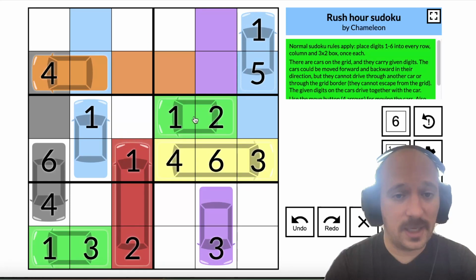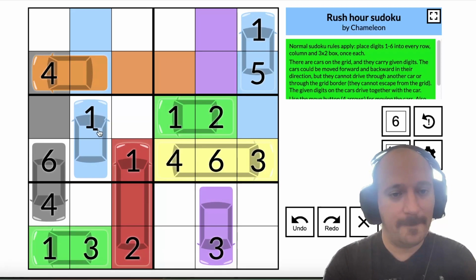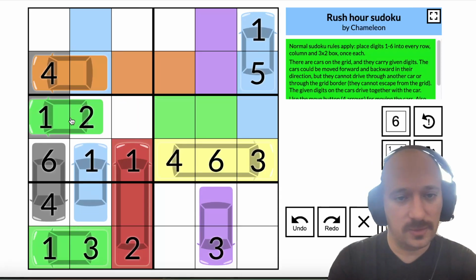So it means that I need to move the green out of the way first, and we need to keep the orange here in order not to return to the same problem. So we just do that.